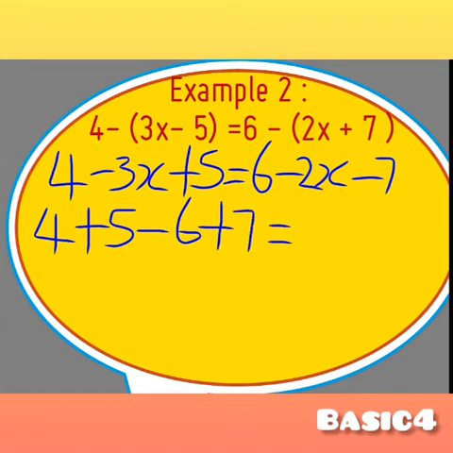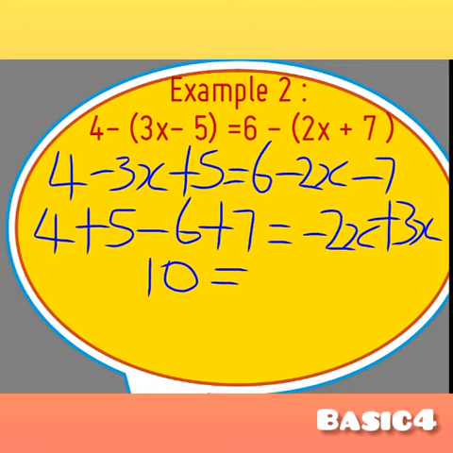Which is equals to, we have 2x already at the right. The minus 3x at the left will cross the sign of equality, it becomes positive 3x. Let's simplify. 4 plus 5 is 9, 9 minus 6 is 3, 3 plus 7 is 10.